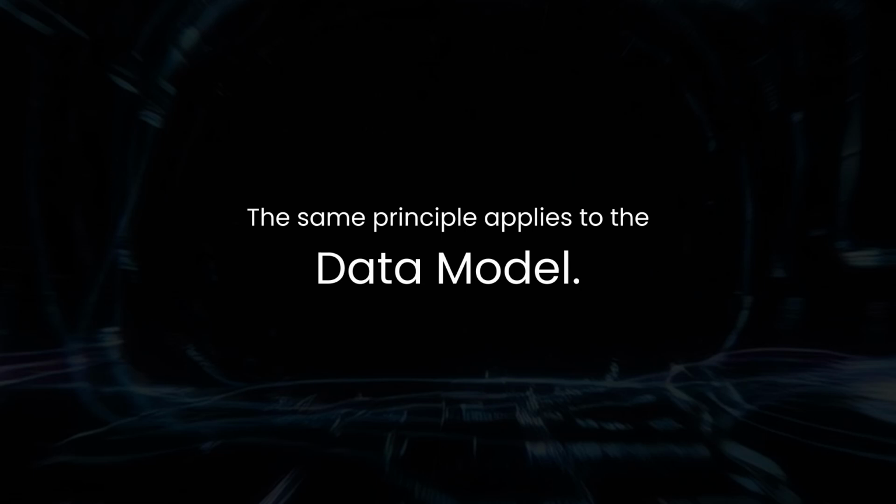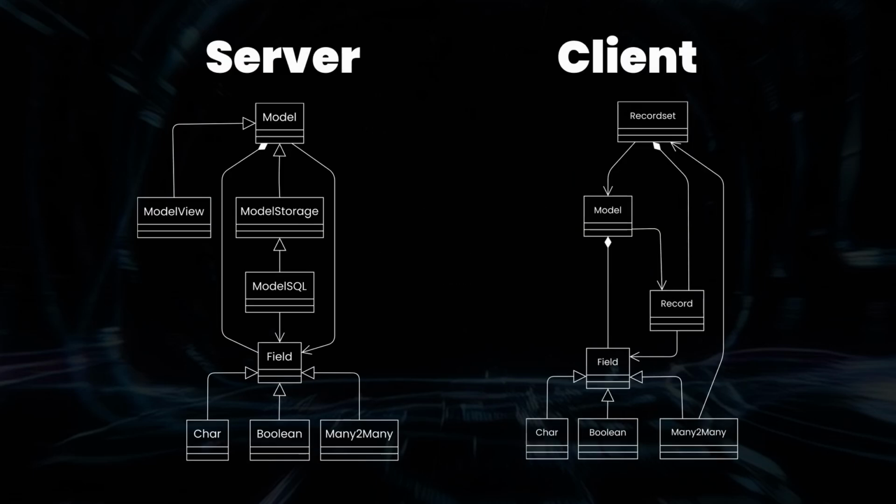Since we're communicating using JSON RPC, the views arrive in XML format and the model definitions arrive in JSON format. The client reads those definitions and builds its internal representation at runtime. Let's take a look at the simplified class diagram. And just to be clear, the client-side diagram shown here is for this experimental client, not the official web client.